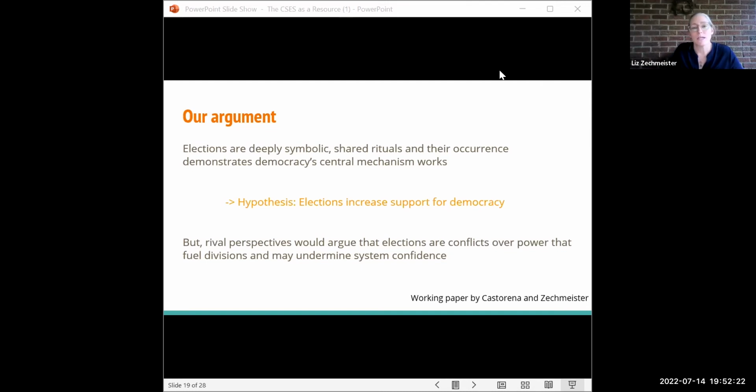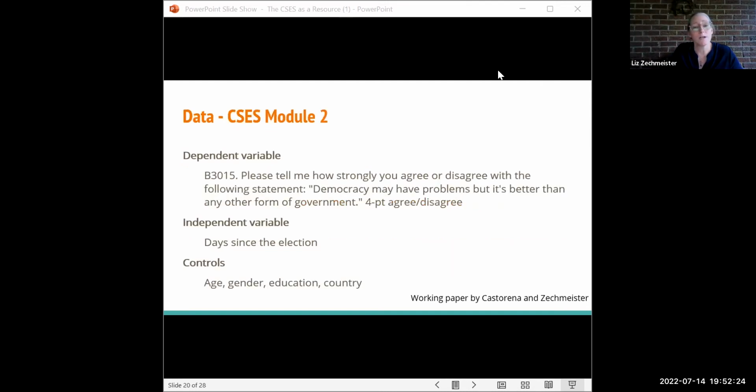So how can we use CSES data to take a look at this? Well, in the second module of the CSES project, there's a question that asks about support for democracy. And it does so using what survey researchers think of as the Churchillian question, is how we often refer to it.